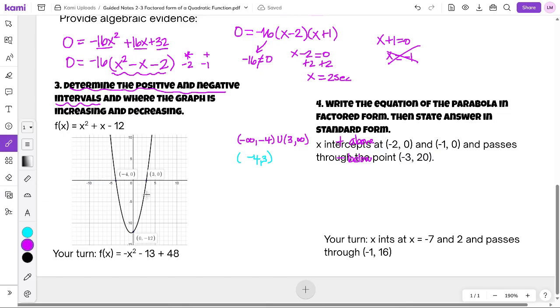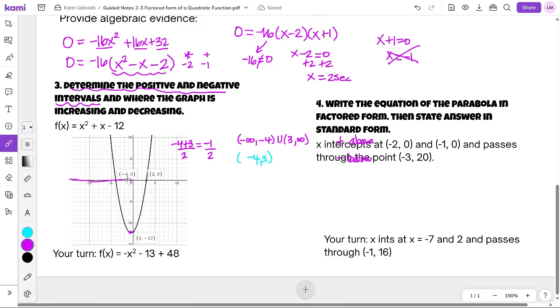It's increasing and decreasing based on this vertex, and we can do opposite of b over 2a based on the vertex, or I can find the average between these two. So -4 plus 3 divided by 2 is -1/2. So at -1/2, and I don't need the y value, but at -1/2, that would be the y value of my vertex.